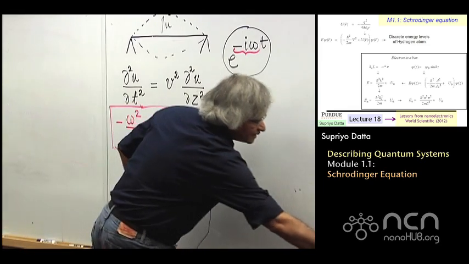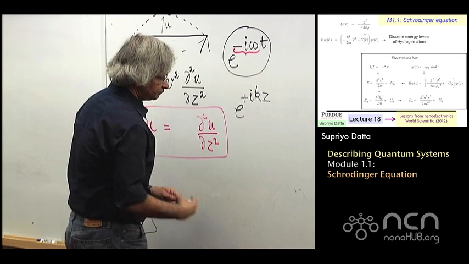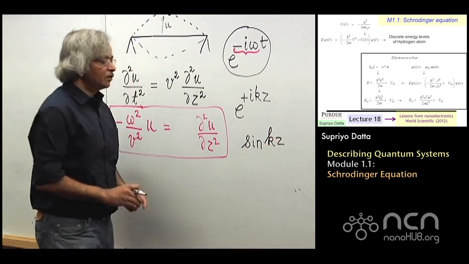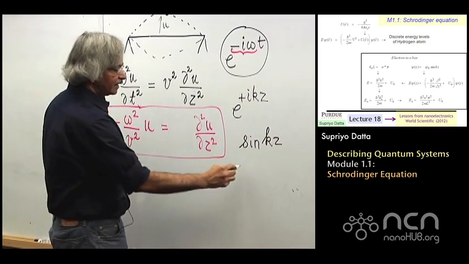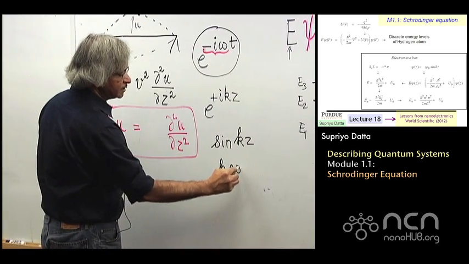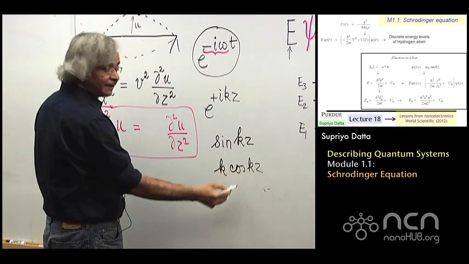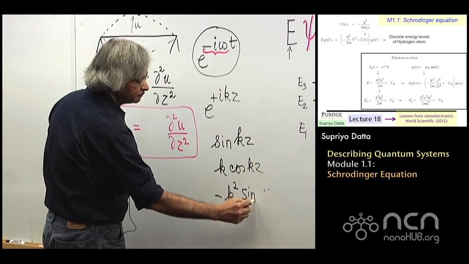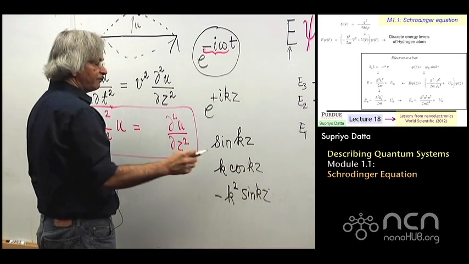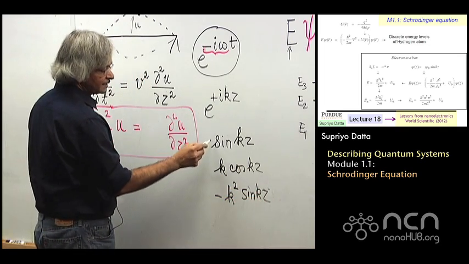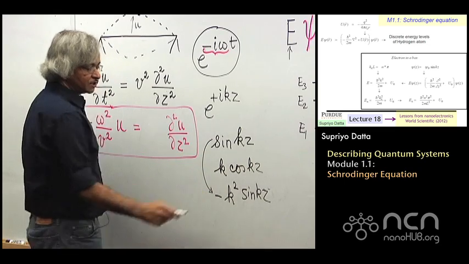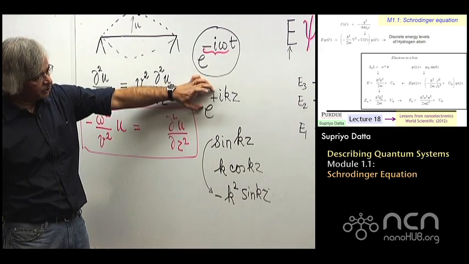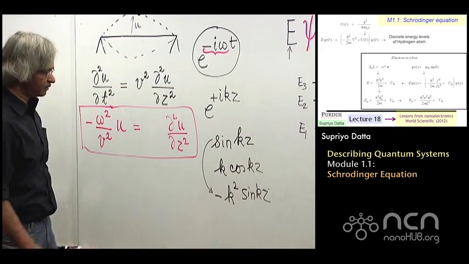Or I could use sine kz, in which case the first derivative gives k cosine kz, and the second derivative gives minus k squared sine kz. So again, the effect of taking two derivatives is like multiplying with minus k squared, and you can see that either with exponentials or with sines and cosines, same thing.